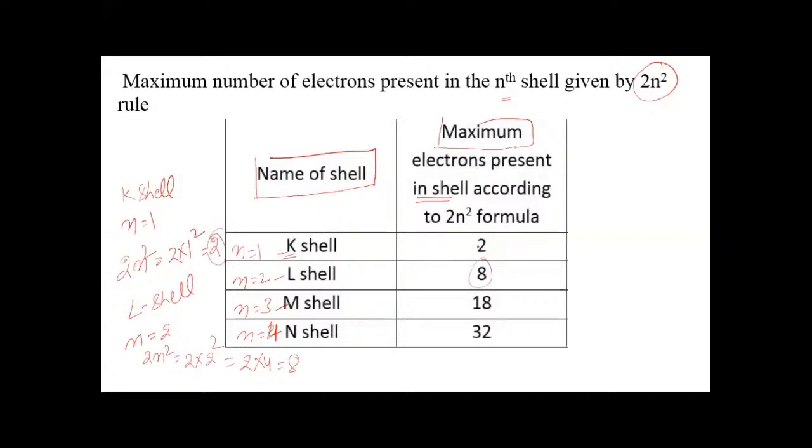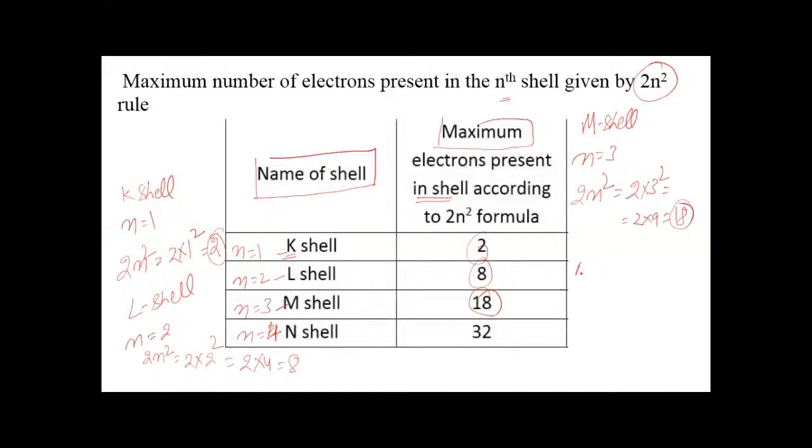Okay, in M shell, the n value is equal to 3. According to the formula 2n square, 2 into 3 square, that is 2 into 9, that is 18. So the number of electrons in M shell is 18.